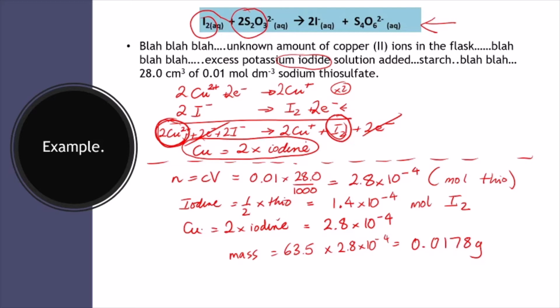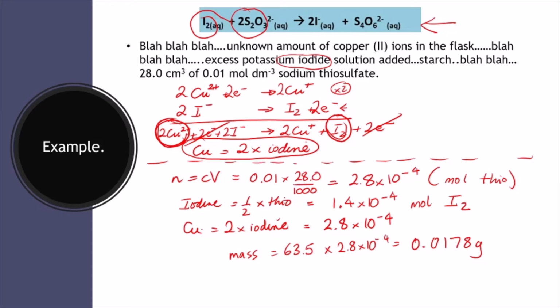Now I did a little bit of thinking about how these questions work out, as in how safe is it assuming the ratio is always 1-to-1. The first issue is that you're not going to get a ratio that gets smaller, because each mole of iodide has only got one electron to give.